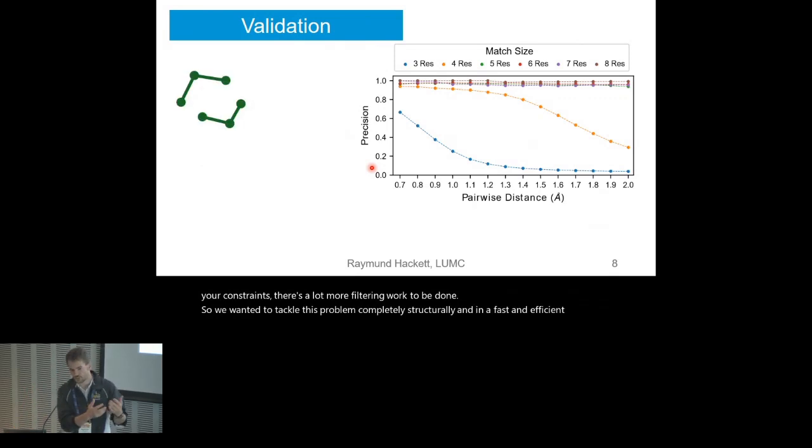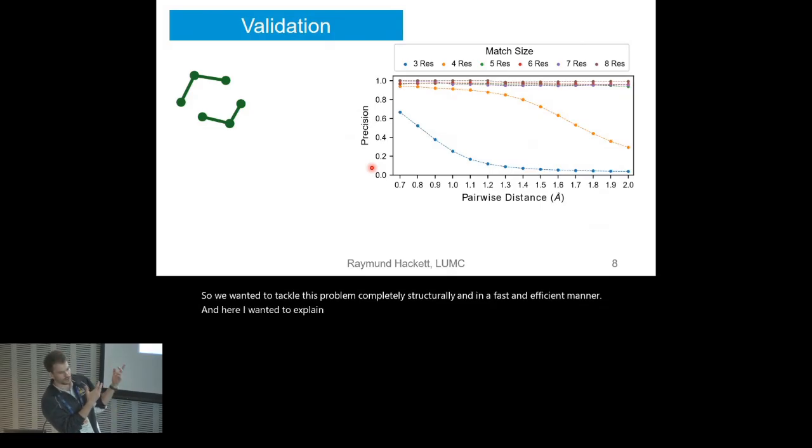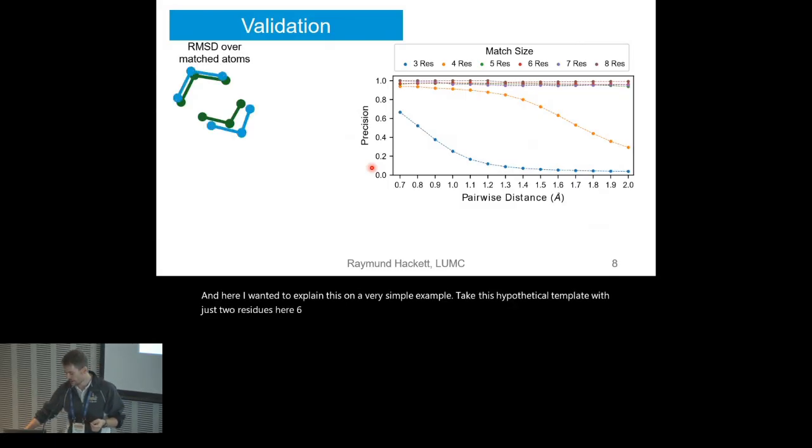And here I wanted to explain this on a very simple example. Take this hypothetical template with just 2 residues here, 6 atoms. And if we match that in a protein structure, we can measure the RMSD. So how close for every atom this match actually aligns.